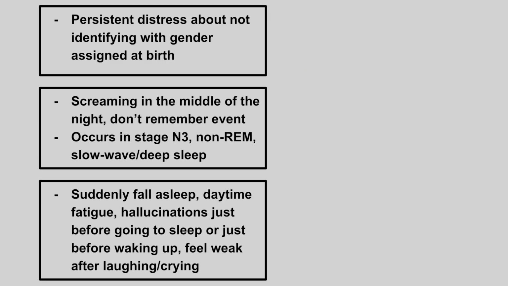Now we have a patient with persistent distress about not identifying with gender assigned at birth. This is gender dysphoria. Next, we have a patient who's screaming in the middle of the night but doesn't remember the event, and this occurs in stage N3, which is non-REM sleep.